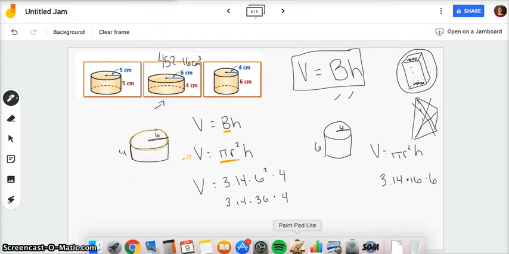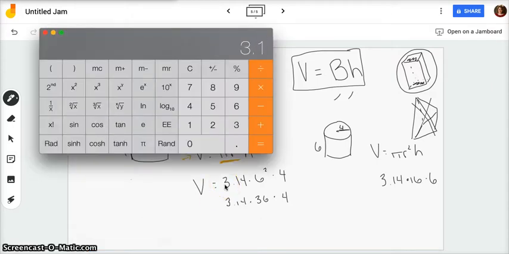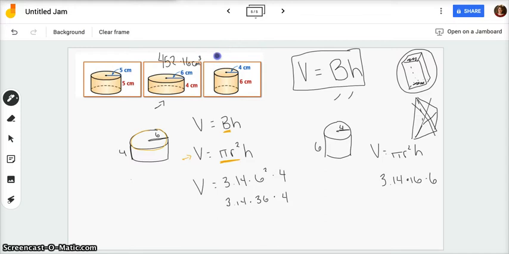All right, I'll type that in, and we'll get 3.14 times 16 times 6, 301.44. And then I'd like you to try this last one on your own.